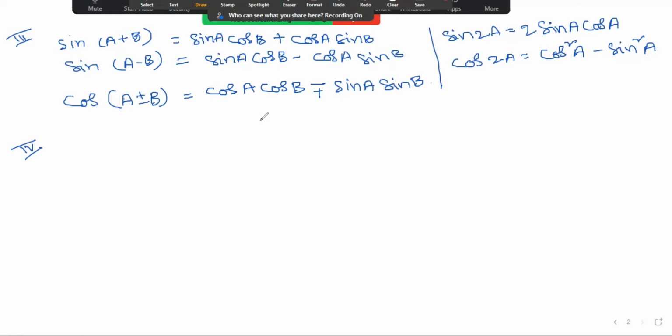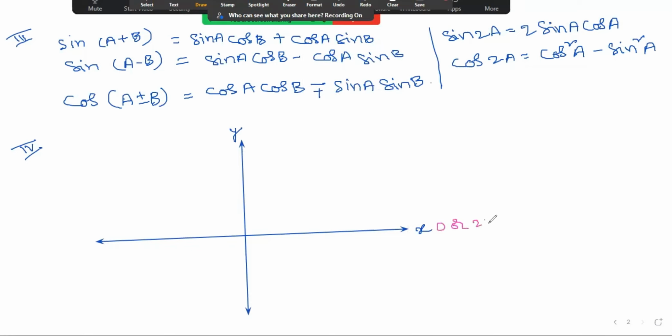Next, whenever we are measuring angles, we always need to understand this basic. There will be a quadrant, four quadrants, with the x and y axes. For the angles, this is 0, and 2 pi, simply. This is the starting point.